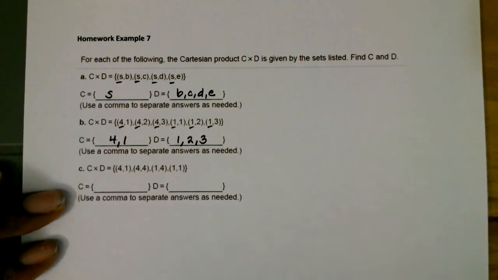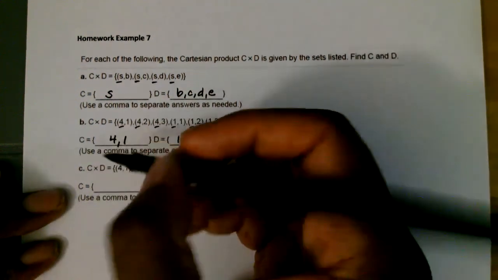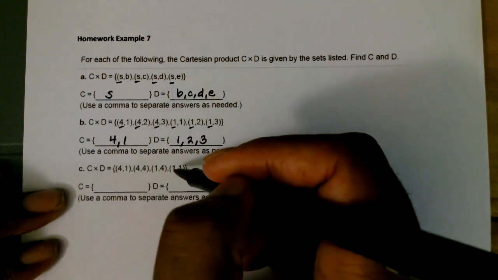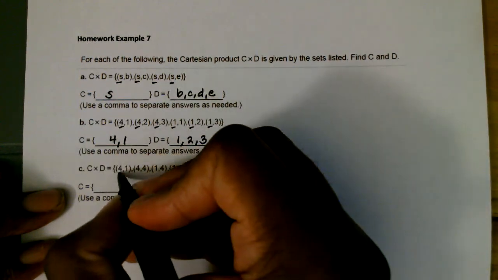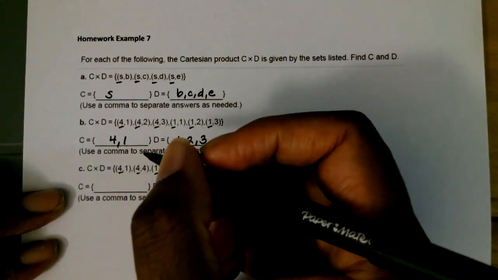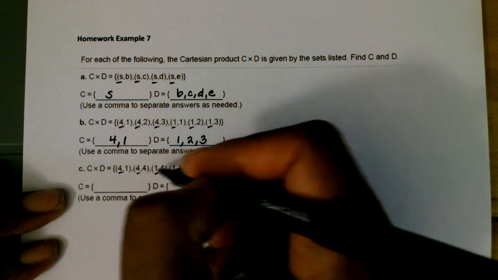And then finally, C cross D ended like this. For C, we look at the first component of each of those ordered pairs. We only had the 4 and the 1.